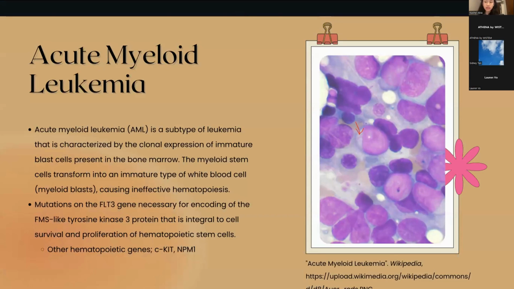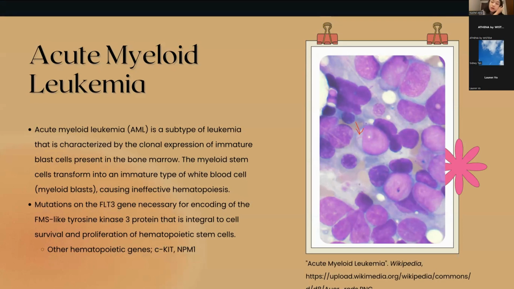First, let's talk about acute myeloid leukemia. Acute myeloid leukemia is caused by clonal expression of immature blast cells in the bone marrow. So basically, myeloid blasts are these forms of immature white blood cells that cause ineffective blood cell production, or hematopoiesis.